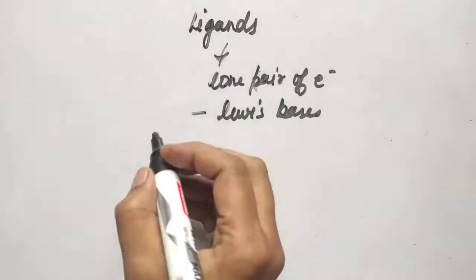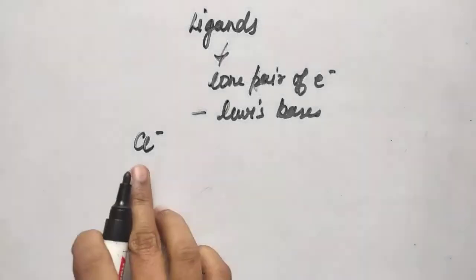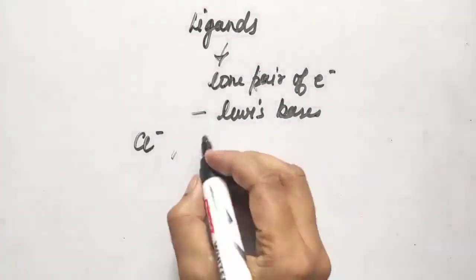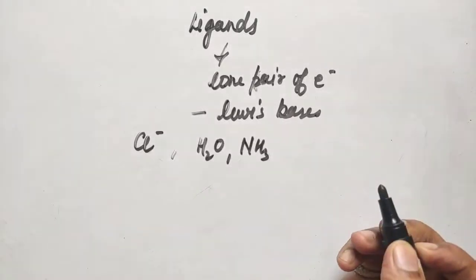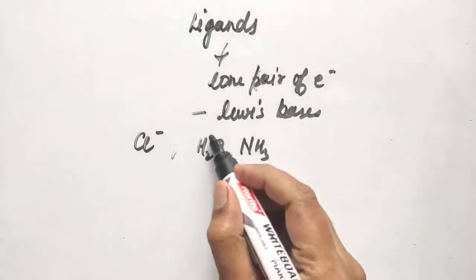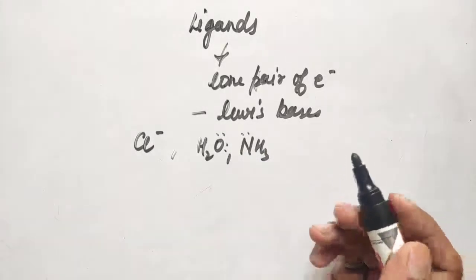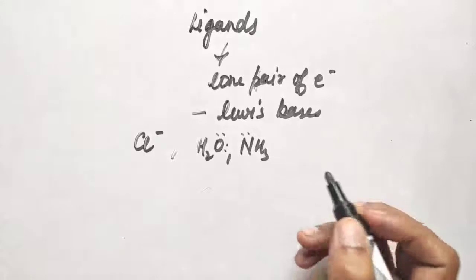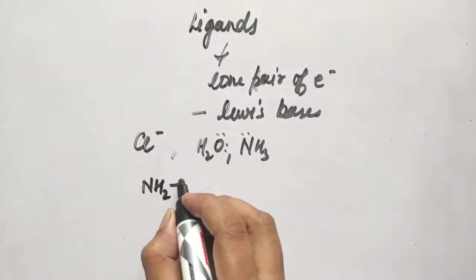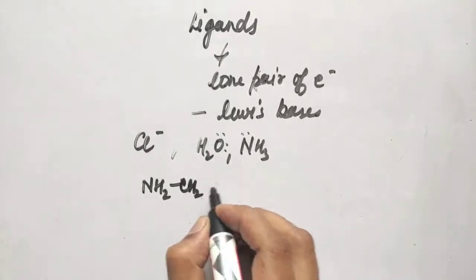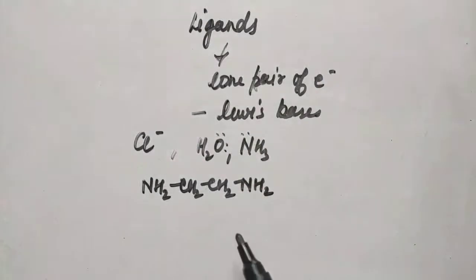Now the ligands can be very simple species, like the chloride ion. They may be neutral molecules like the water molecule or ammonia molecule. These are very simple molecules having lone pairs of electrons, so they can act as ligands. Then there are bigger molecules like ethylene diamine, having 2 NH2 groups attached to an ethane molecule.